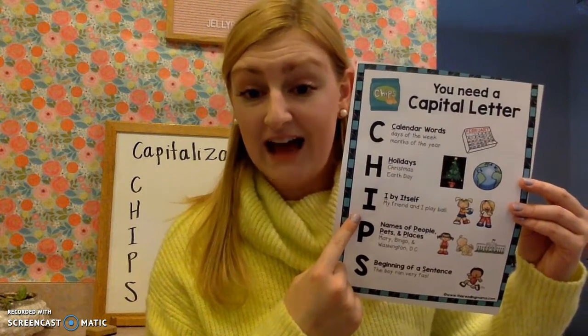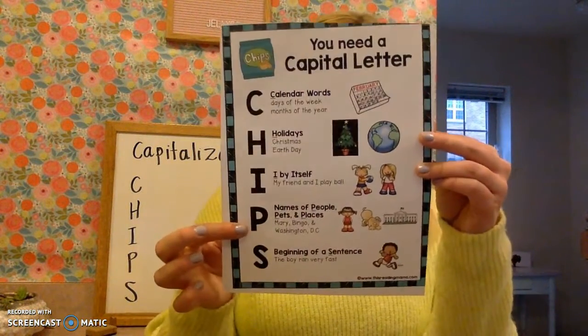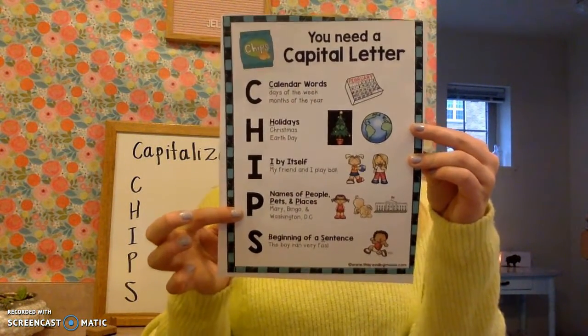When we come to I by itself, when you're talking about I like spaghetti, when you're talking about I, you have to have a capital letter. When we come down to P, that's the name of people, pets, and places. So if Miss Cummings is talking about my cat Cammie, that's a pet.